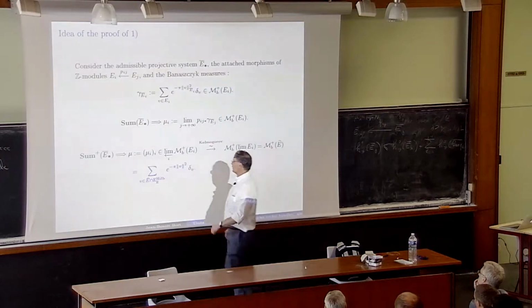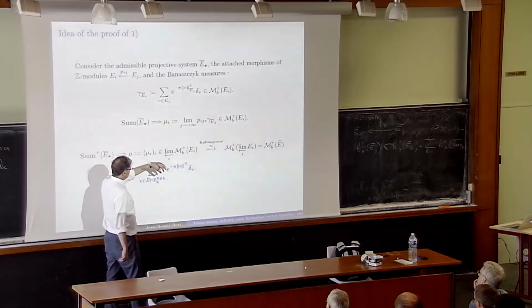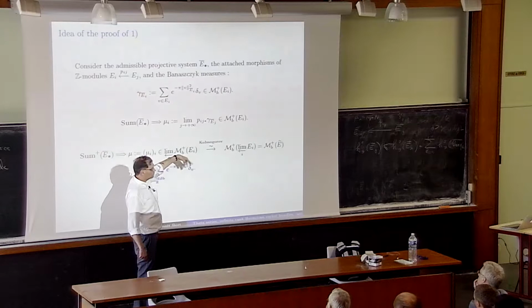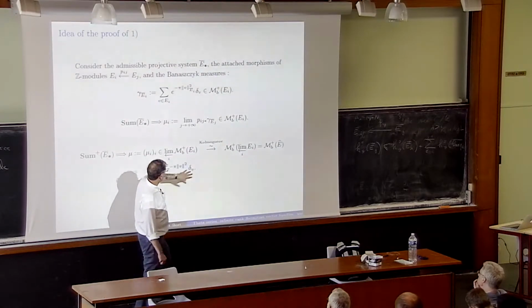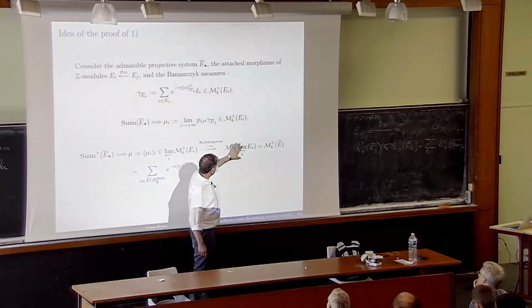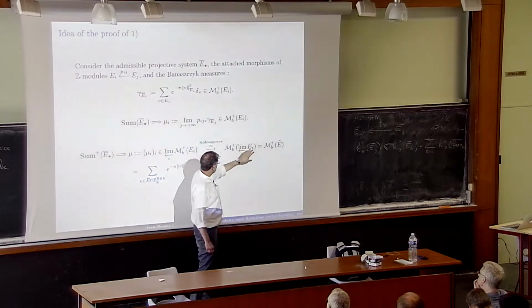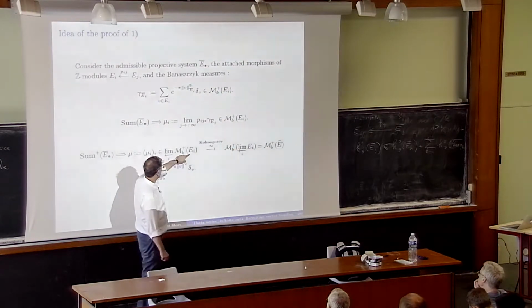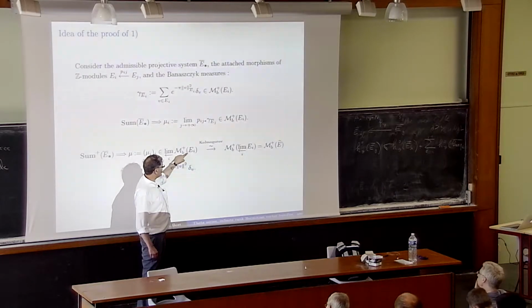So the point is that in this situation, let's say you work with sensible spaces, Polish spaces here. If you are given a measure on this big space, you may consider its direct image at each of its finite level approximations E_I.